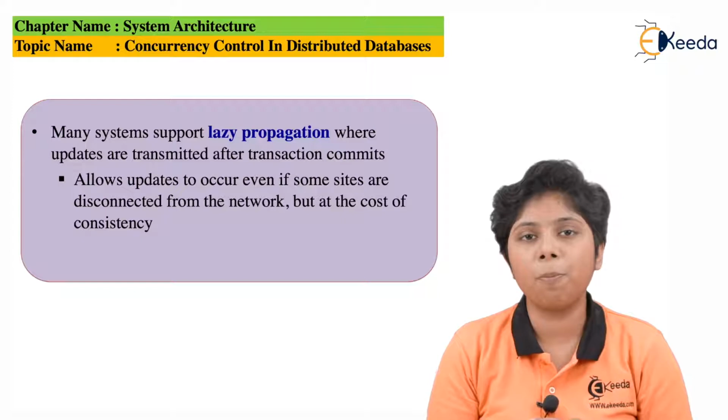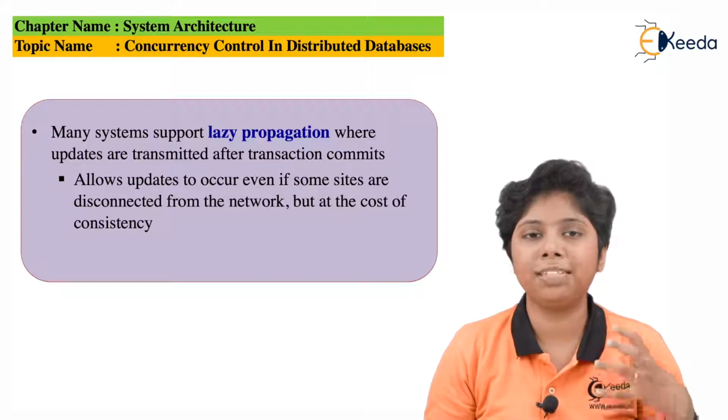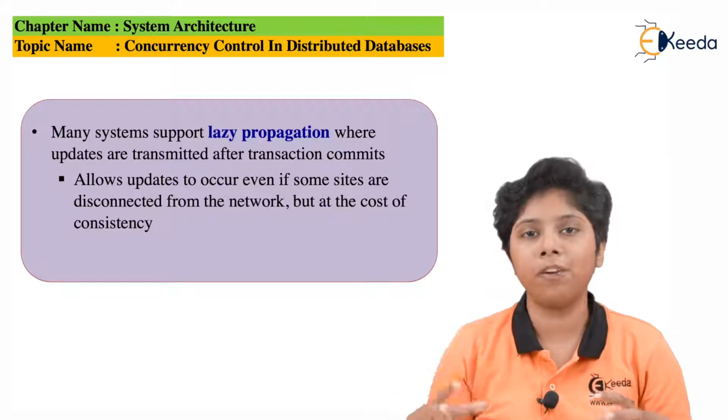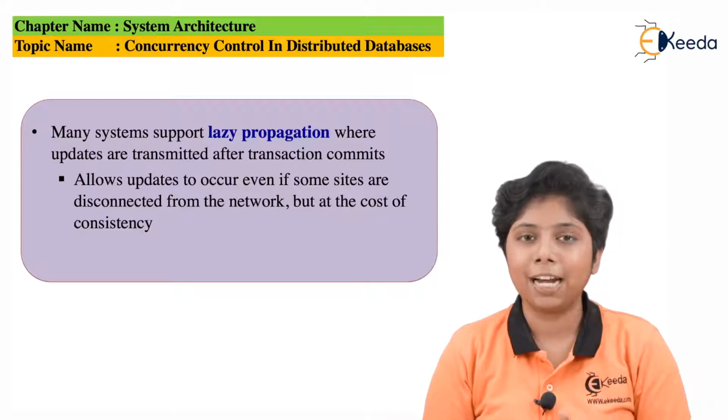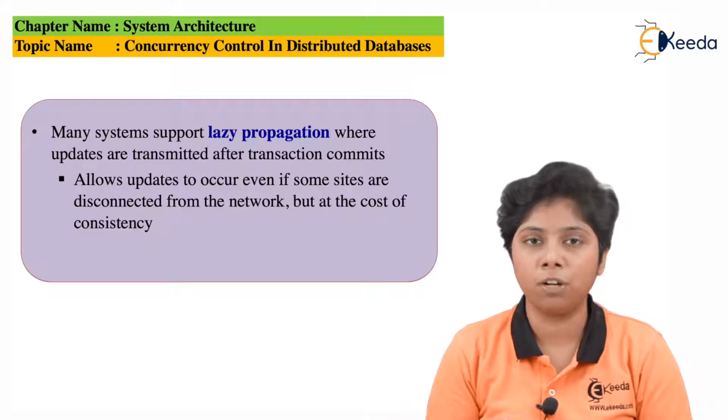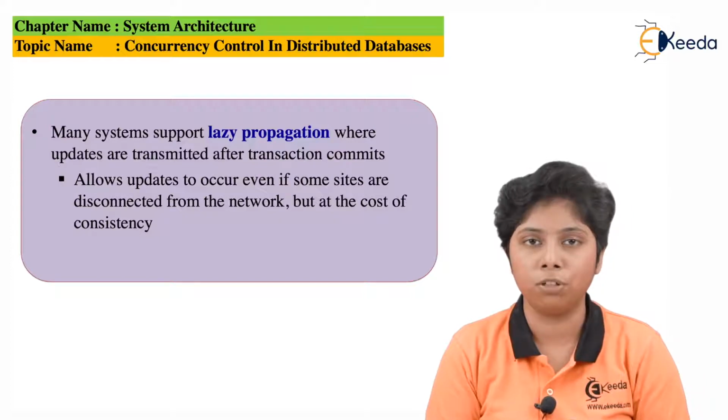The primary copy is the primary one to update the replicas, and all other replicas will eventually be updated sequentially. That means there will be a primitive order that the replicas need to follow.